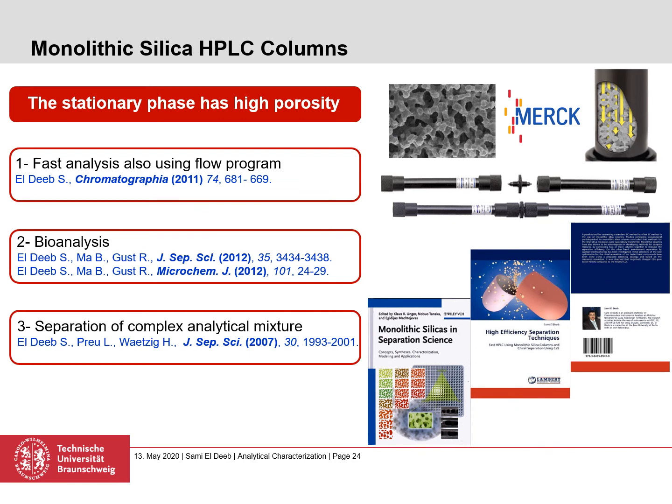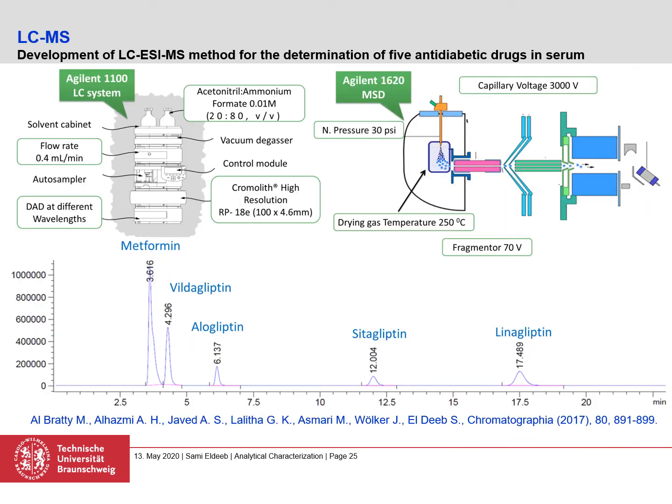I have extensively worked with monolithic columns and published several articles, one chapter in a book and a book describing their use for fast analysis, also using flow programming for bioanalysis and for the separation of complex analytical mixtures. Here you see an application example which my PhD students and I conducted for the separation and the quantitation of 5 anti-diabetic drugs by liquid chromatography mass spectrometry.